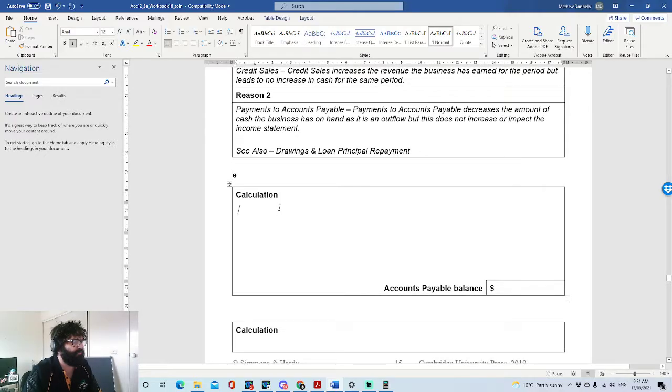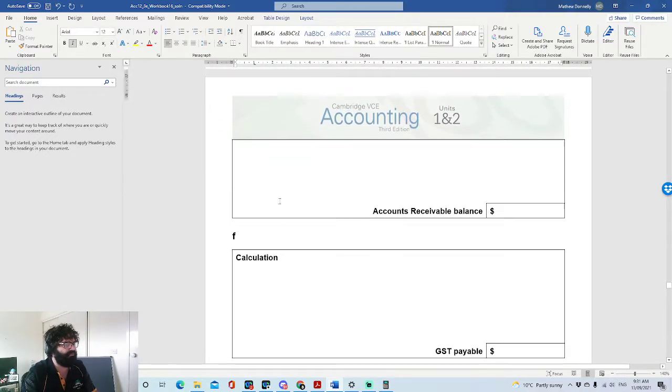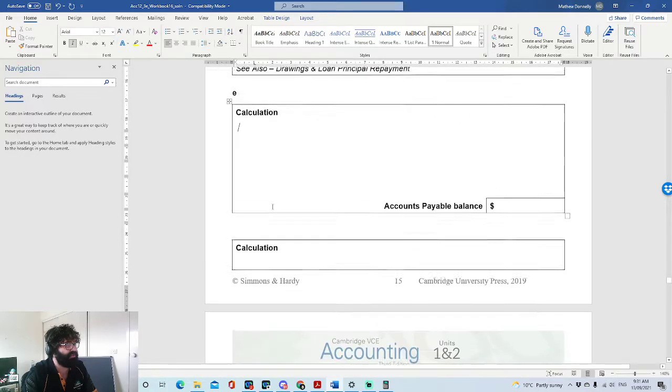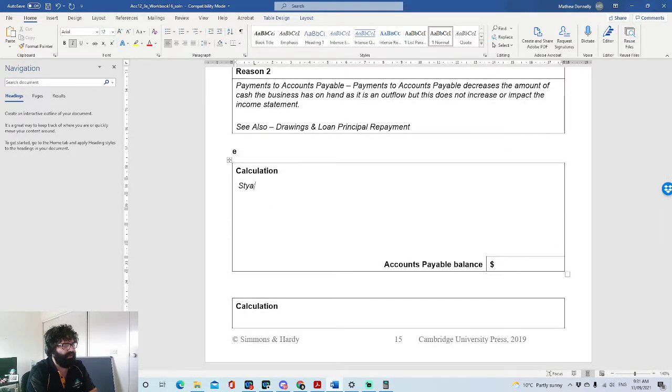E, we got to do the accounts payable balance, accounts receivable balance, and GST balance. So let's put, we got start plus total purchases. There were no income or discounts given.